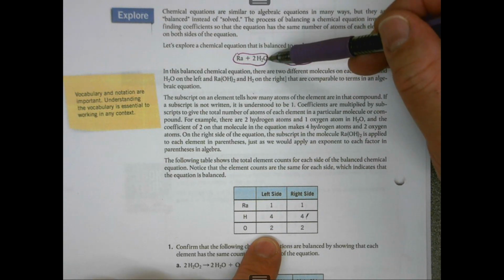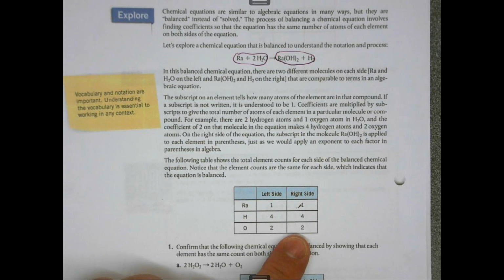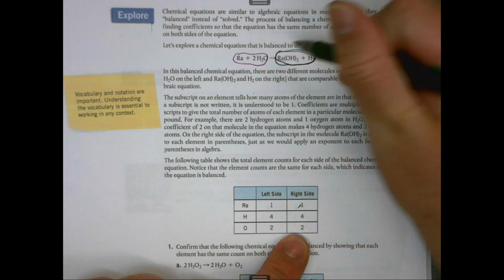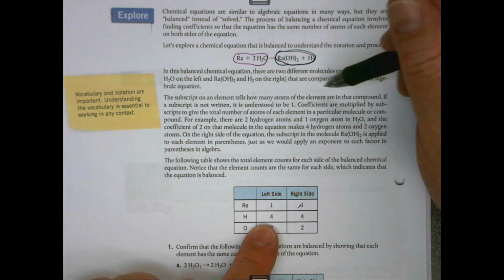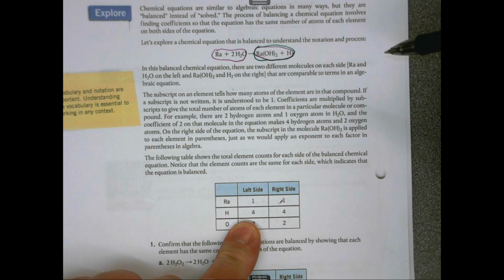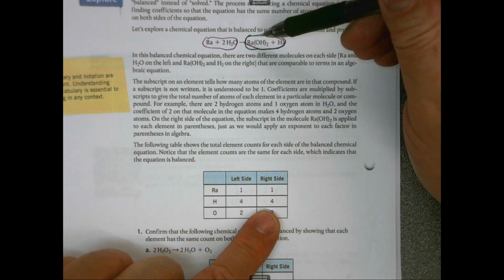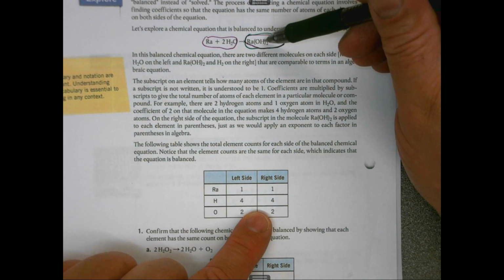So on the right-hand side, just different color, we got one element of the Ra. I suppose if I read the whole paragraph, I would know what Ra is. Let's see, we've got hydrogen. Well, I've got two hydrogens here and two hydrogens here.